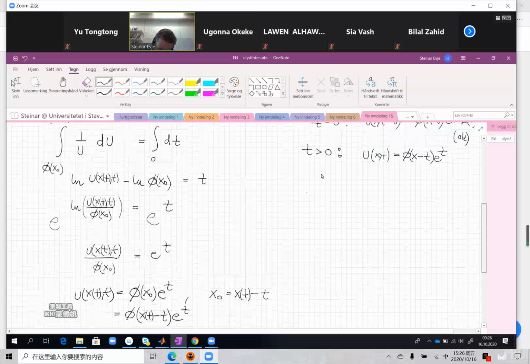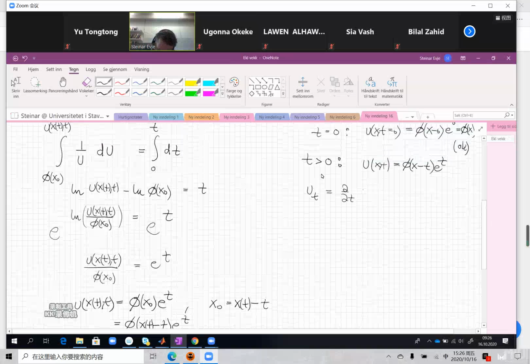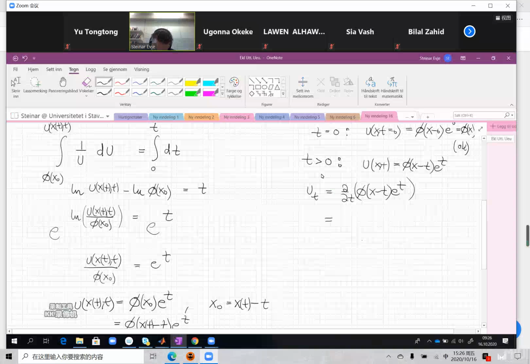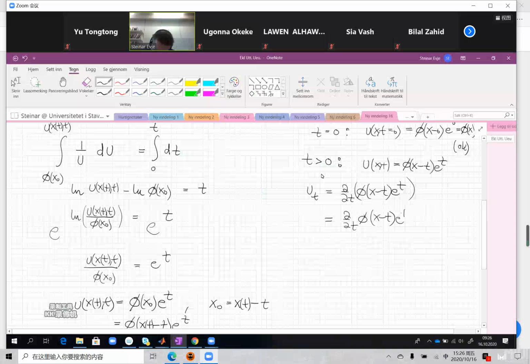So we compute the time derivative of u. And we see here that it involves a product of two functions that depend on t. So we have to use the product rule. We first take the derivative of φ, plus φ(x - t) times the time derivative of the exponential function.